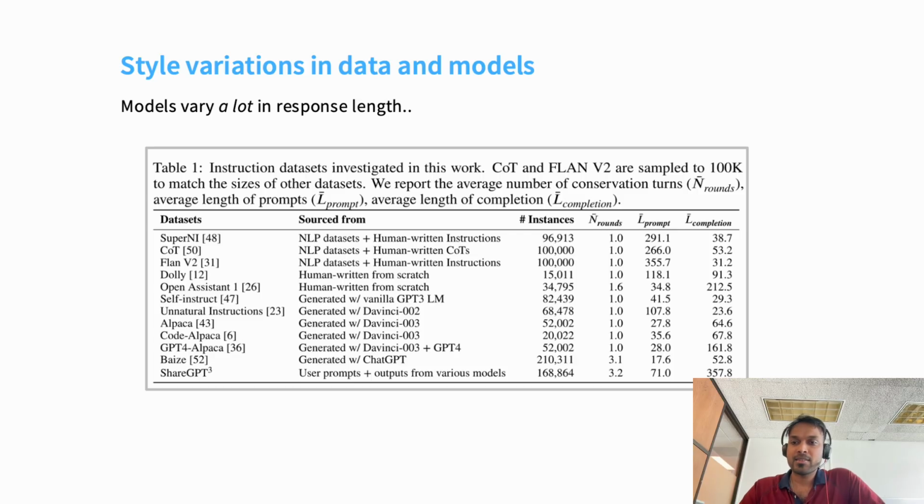Some have 71, some have 41, and it goes up to even 291. So somehow the input prompt length defines how complex your task is, and completions could go almost all combinations here. So many of these data sets do have a complex variety.